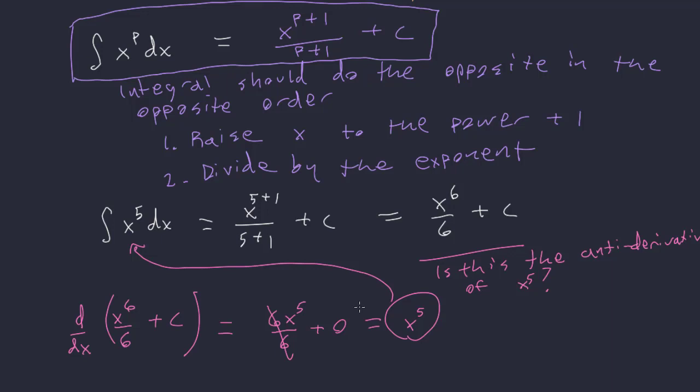So it turns out this rule actually holds water. The integral is always going to do the opposite of what the original derivative rule does. So this is the power rule.